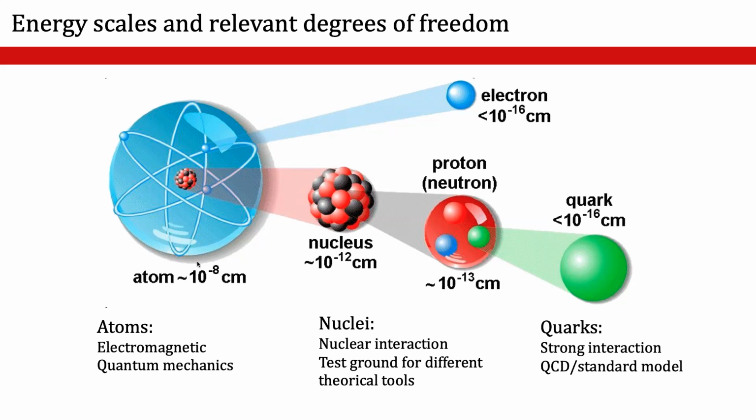If we look at the atom system, the interaction between the nucleus and the electron is the electromagnetic interaction, and we can use quantum mechanics and QED to solve the atom problem. For quarks, the strong interaction dominates, and we can use QCD or the standard model to understand them. For nuclei, it's much different.